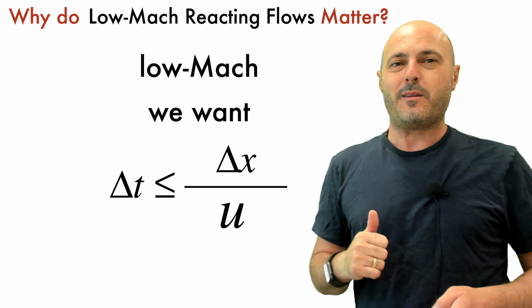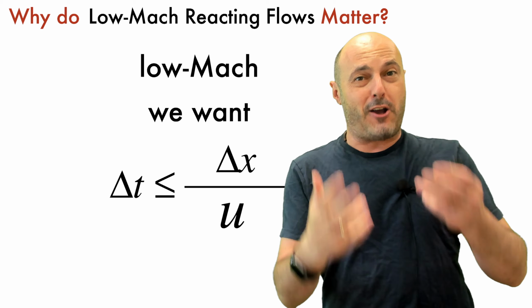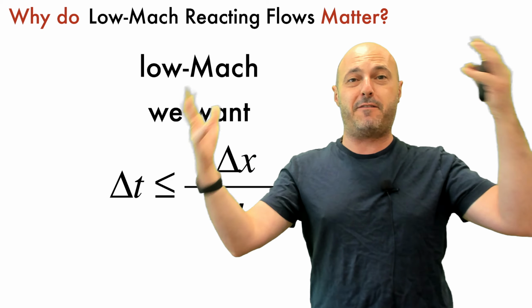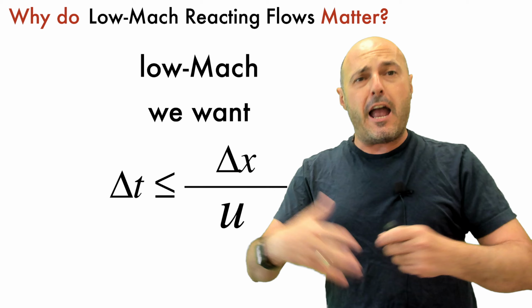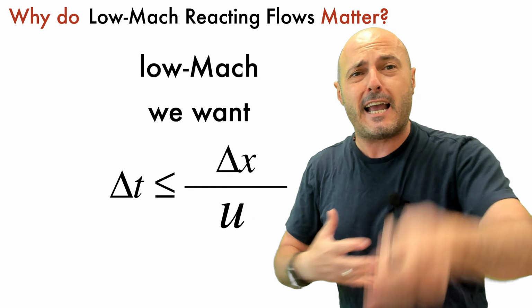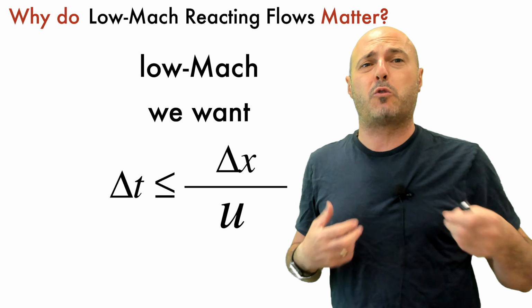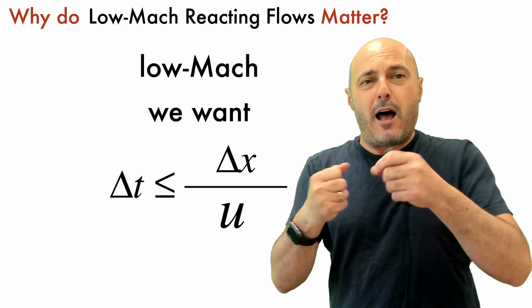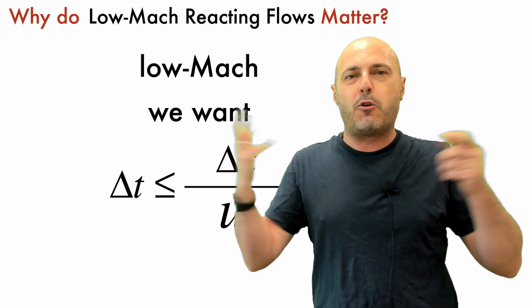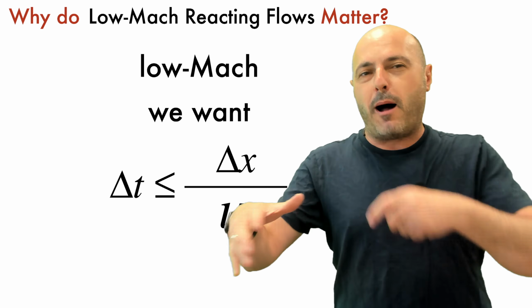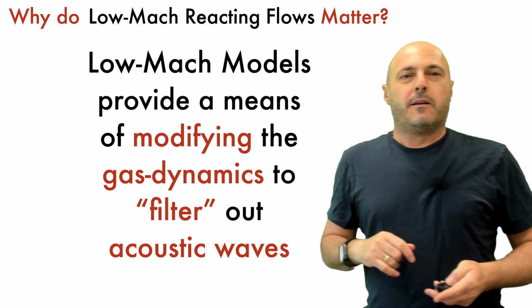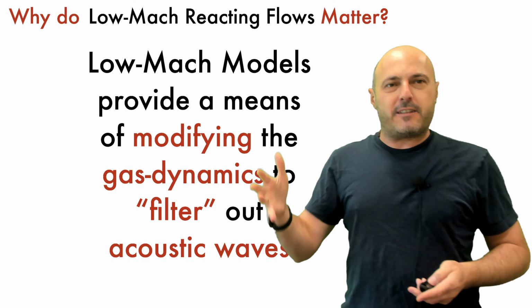But that's a problem because the full true Navier-Stokes equations, the gas dynamics equations, have in them everything, all sorts of waves, including acoustic waves. So if you're trying to solve them, you are bound to resolve those acoustic waves. There's no way out of it unless you use the low Mach assumption, the low Mach toolkit, and you mess with the equations a little bit. Low Mach models give us that ability.